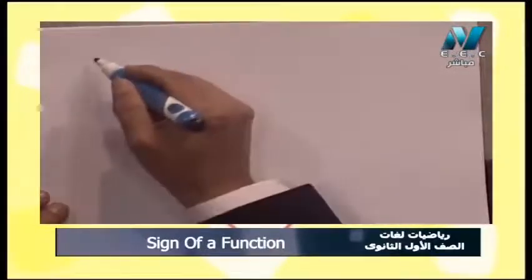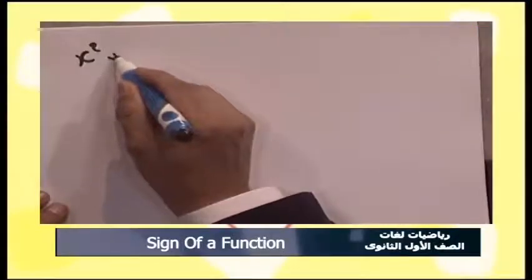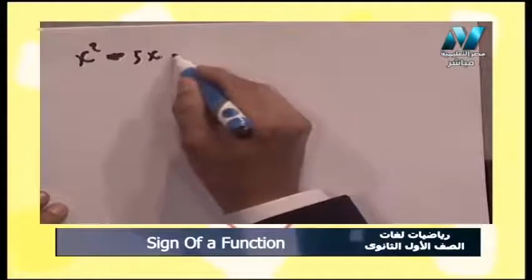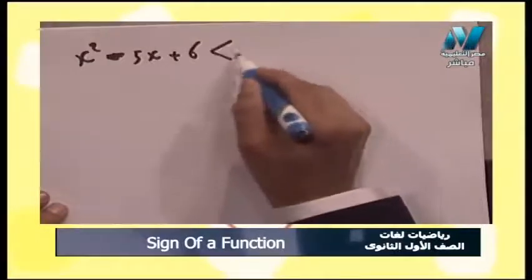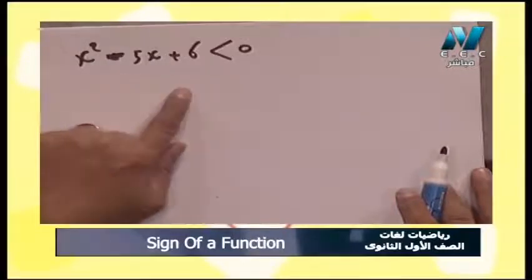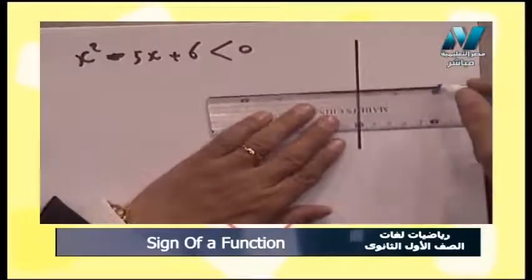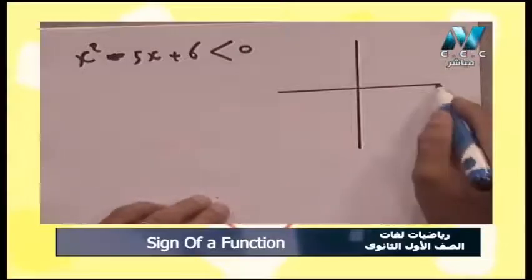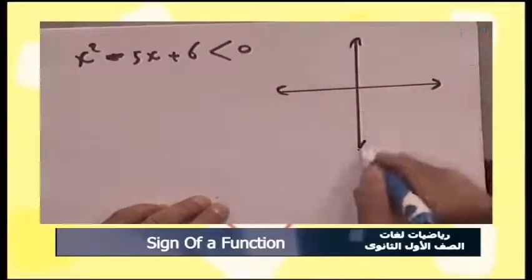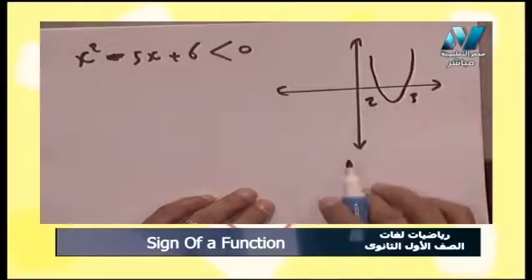If we write the same inequality here, x power 2 minus 5x plus 6, but now less than 0, we want to find the solution set of this inequality. So again, if we draw this function, as we have drawn it a moment ago, it will be here, 2 and 3.